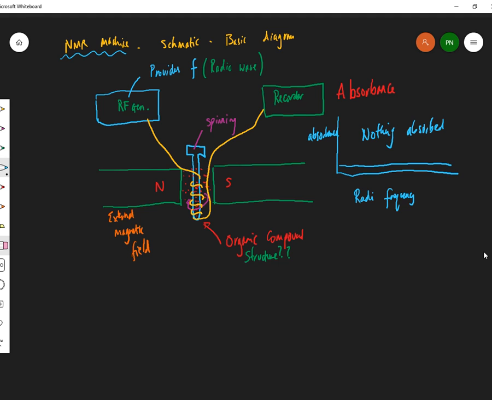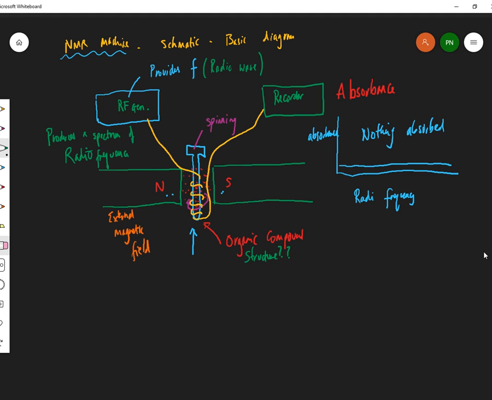Okay, now, so that's basically the setup. I put my sample in here. The sample goes in a very strong magnetic field here. I shoot radio frequencies at it and see what it records. Now, the radio frequency thing here, it doesn't just produce one. This produces a spectrum of radio frequencies.